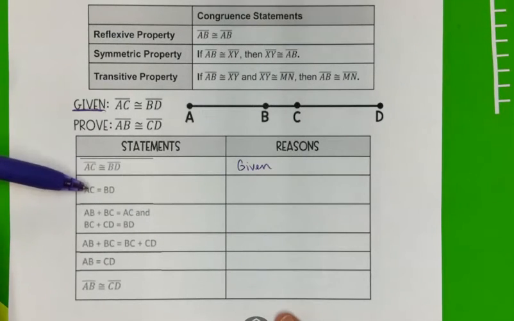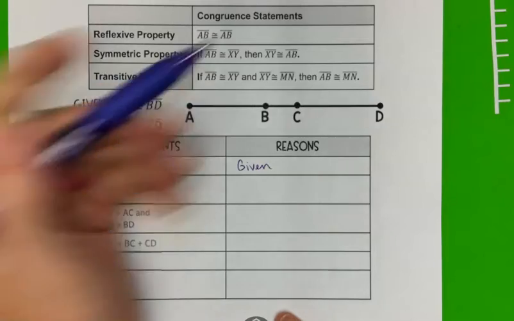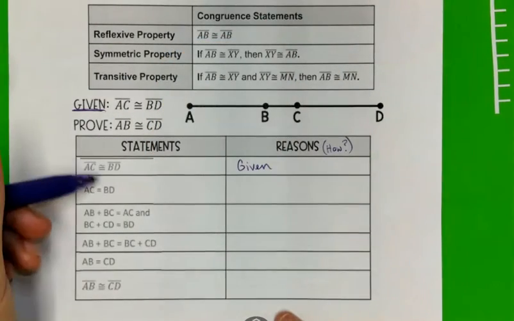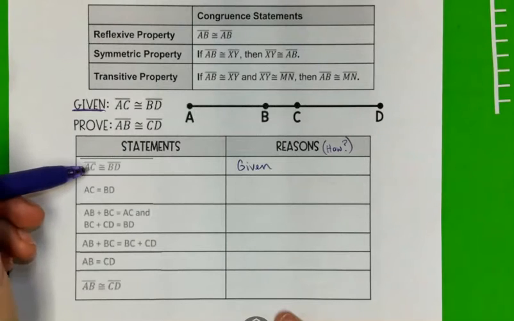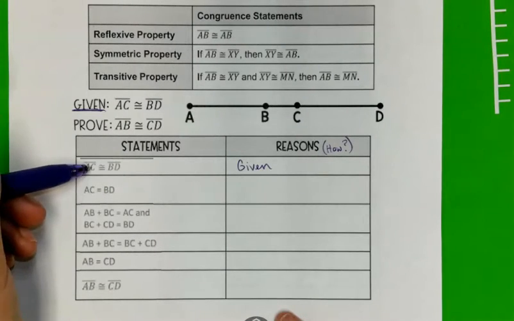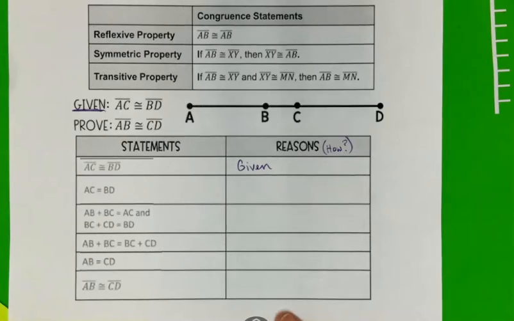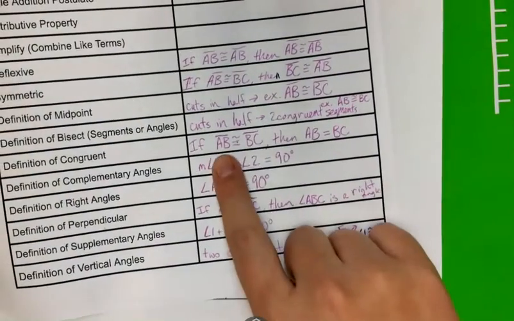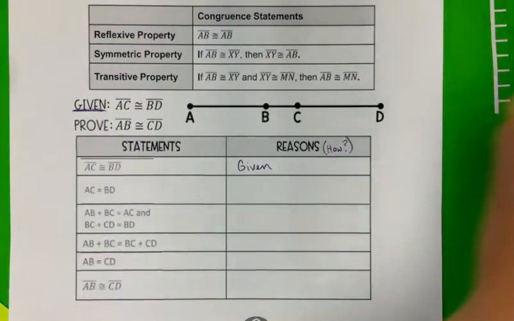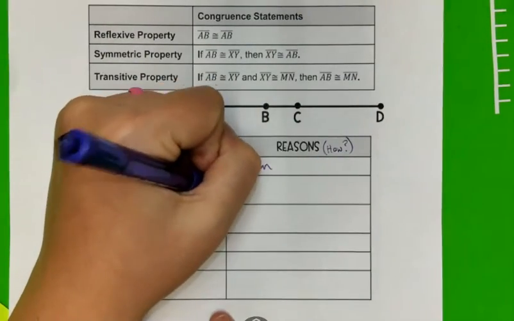You would go from this step to this step, and your answer would be, how did I get here? So how do I know that AC is equal to BD? Well, we talked about this before. When there's no change at all as far as the letters, and it goes from congruent to equal sign, it's going to be definition of congruent.